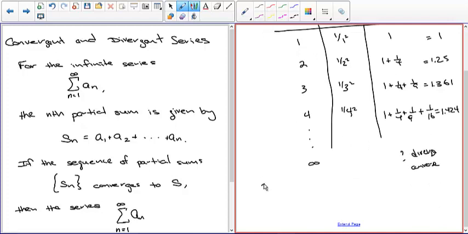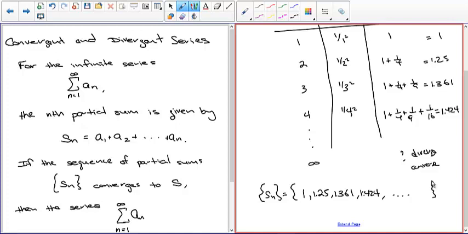If I said what is the set of s sub n, it's equal to 1, 1.25, 1.361, 1.424, out to an infinite number of terms. So these are the nth partial sums. And for the series to converge, you look at the nth partial sum, and if that converges, then the series converges.